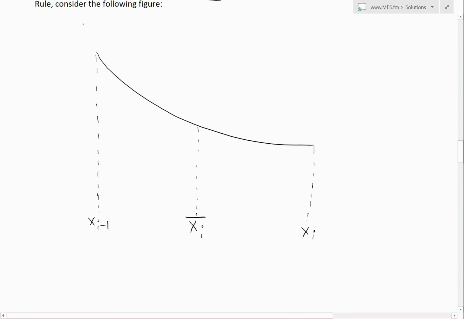Now let's draw the midpoint rectangle. It goes across like this. Let's draw a dashed line. This is our midpoint approximation. It looks something like this.